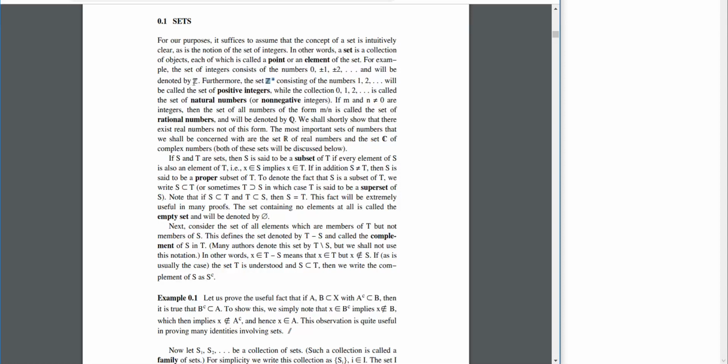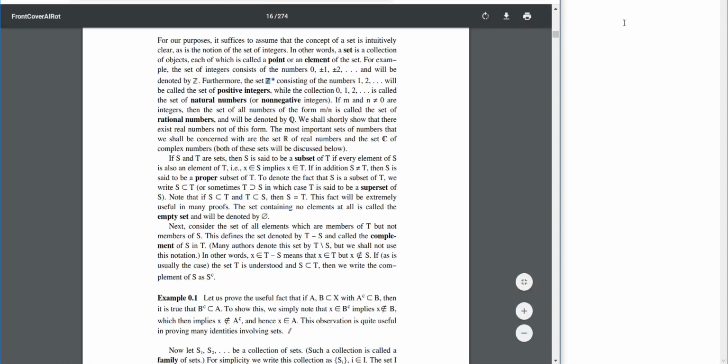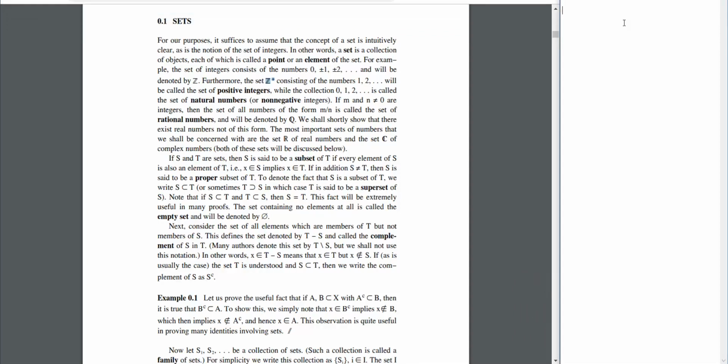We have integers, which could be divided into... This is something we should note down. So we have the integers. This has positive integers, and then we have natural numbers, which is the same thing.